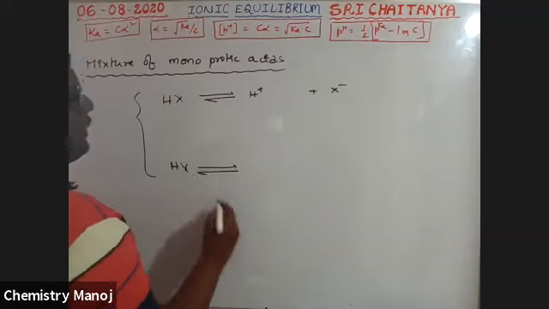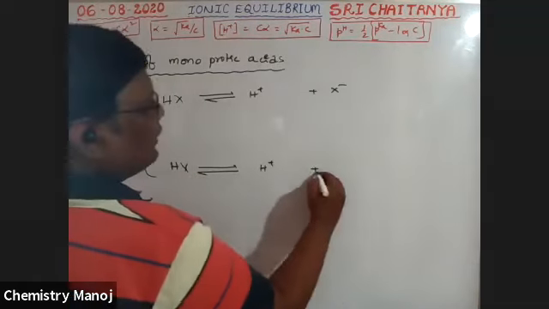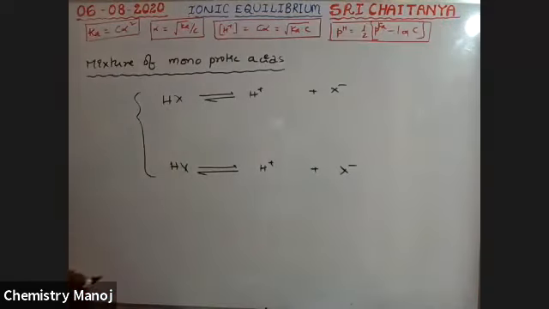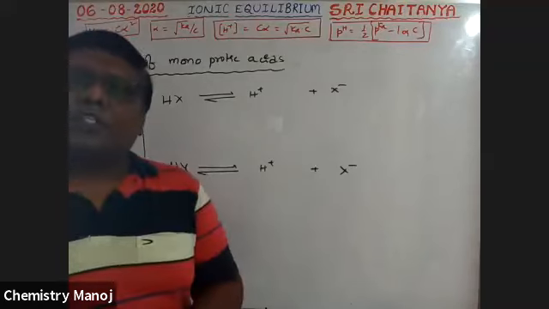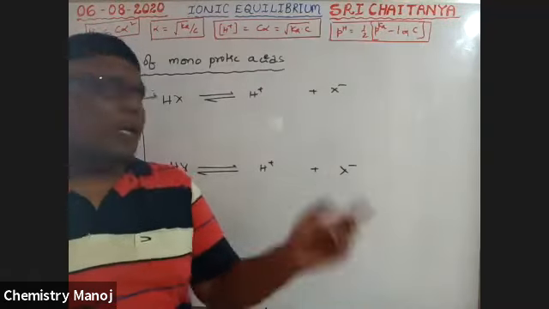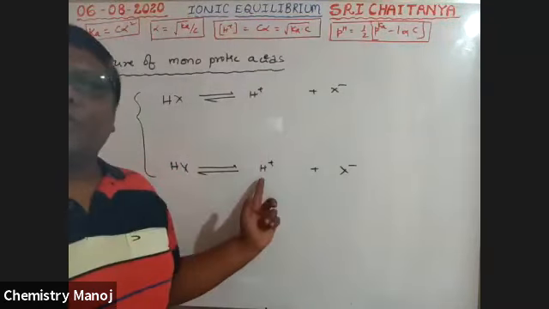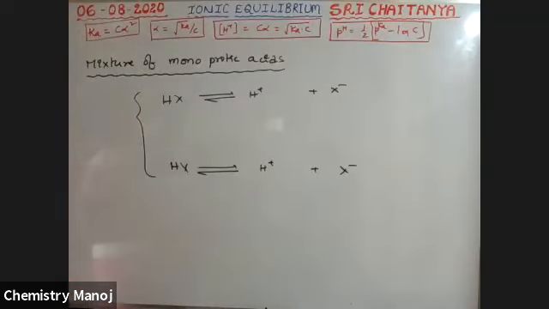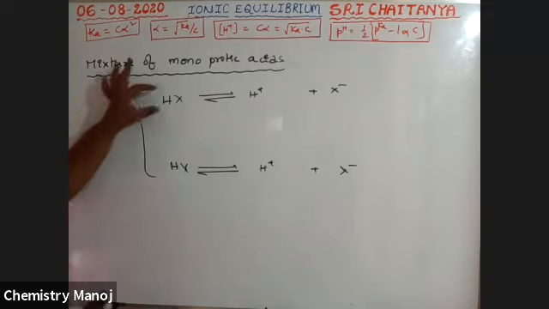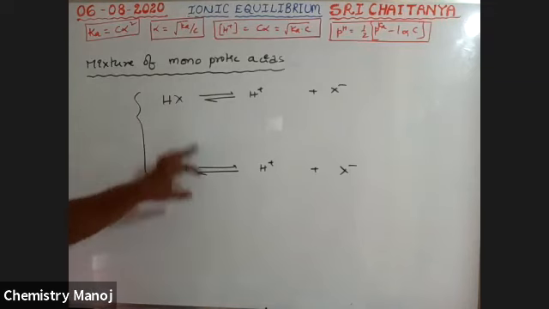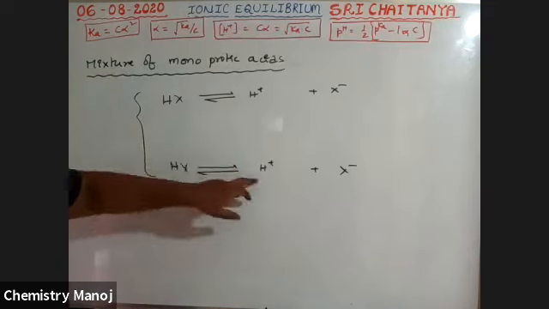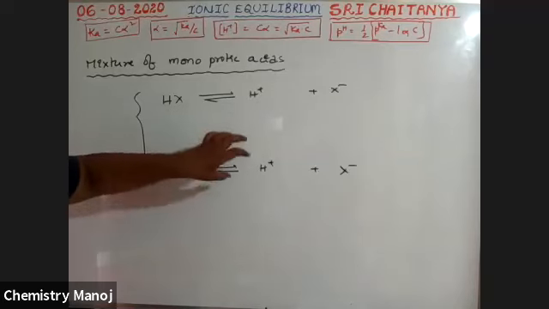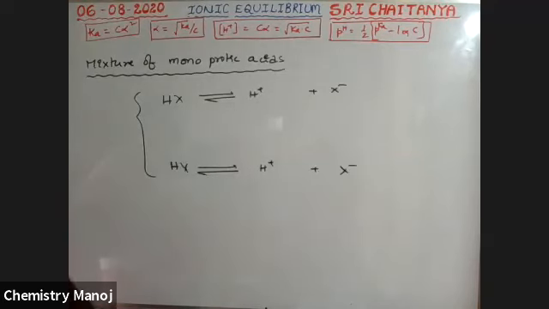Monoprotic means only one proton will be given. Only one H plus is coming out. That is why these are called monoprotic acids. See here, this is a weak acid, this is a weak acid, two equilibria are there. So here H plus is common. That is simultaneous equilibrium.